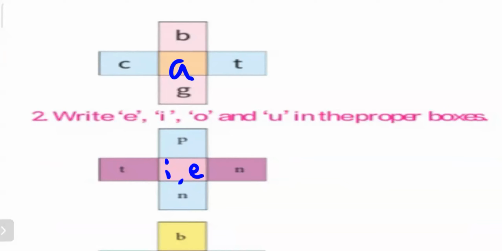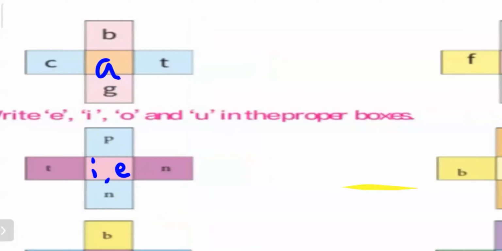If we add the vowel E, the words formed are P-E-N, pen, T-E-N, ten. By adding U in the middle square, the words formed are F-U-N, fun, B-U-N, bun.